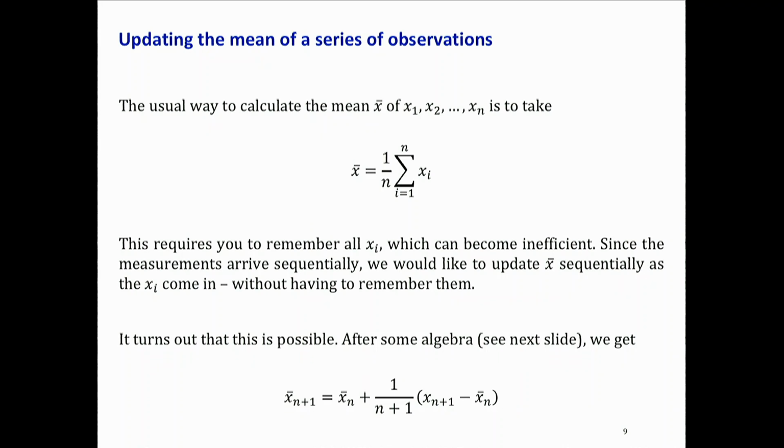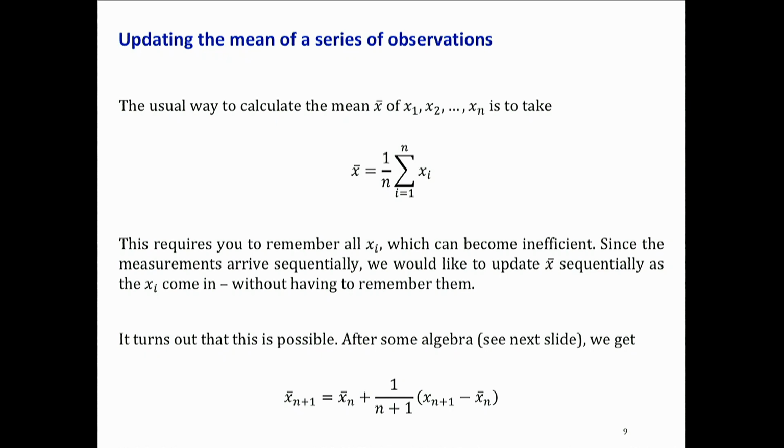And as simple as this is, I want to go through it because the structure is important and it'll remind you of something. So we have our current mean, x bar n. We can set that to 0 when we start the algorithm.